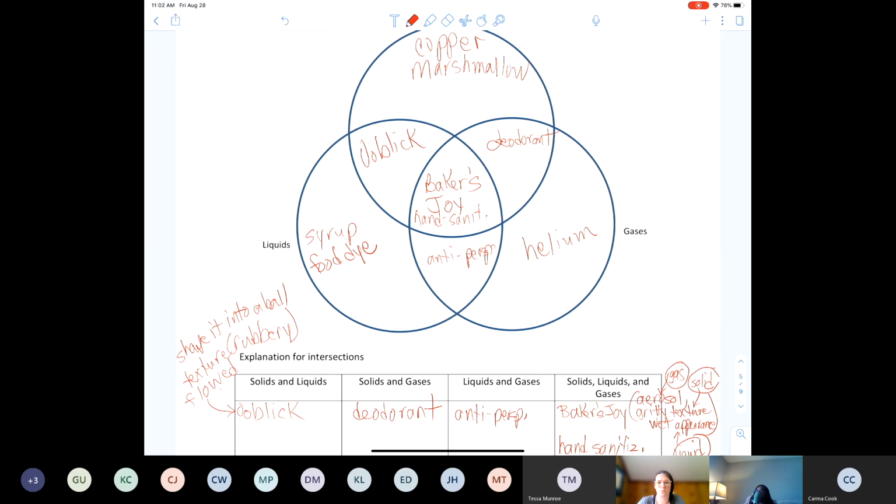So those are the ones: oobleck, Baker's Joy, hand sanitizer, antiperspirant, and deodorant that are in these intersections. The others fall neatly into one category.